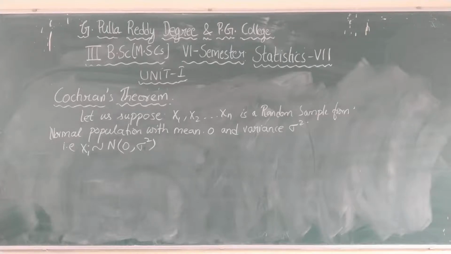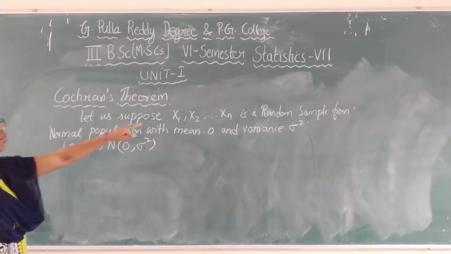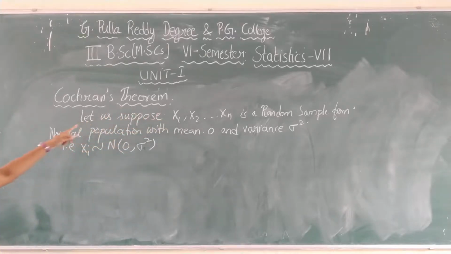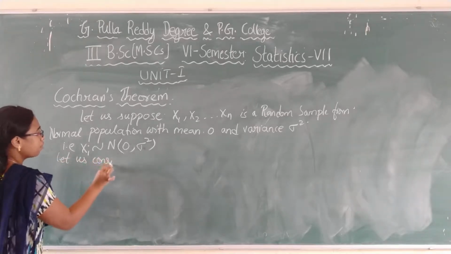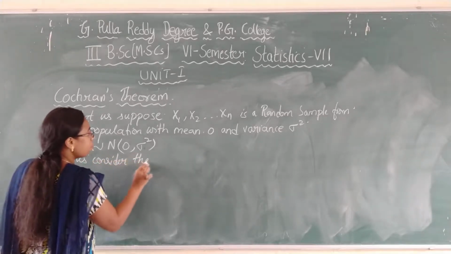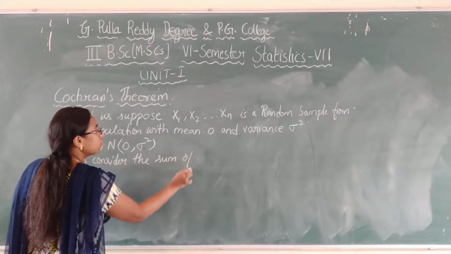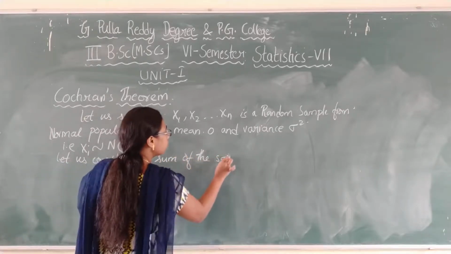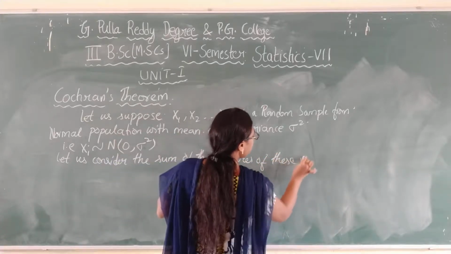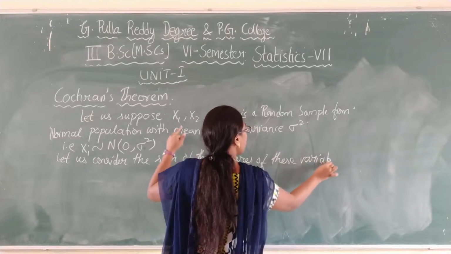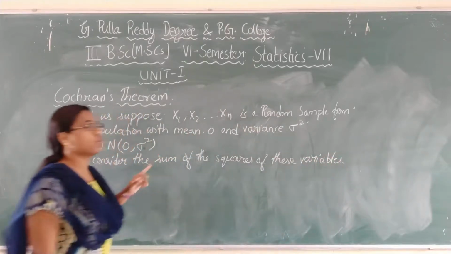Now we consider the sum of the squares of these variables. So what are the variables here? x1, x2, so on, xn.